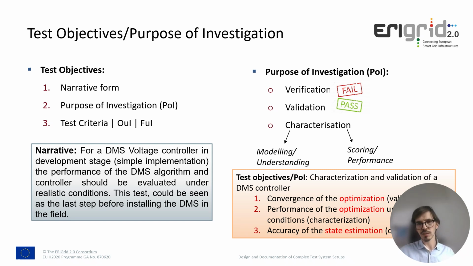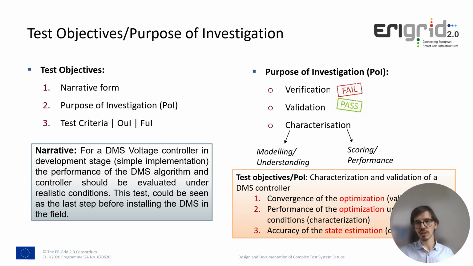Similar to a use case narrative, we also can describe a test case narrative, which then can be broken down into specific purposes of investigation, which each describe whether the test is about, for example, verification or validation or characterization.